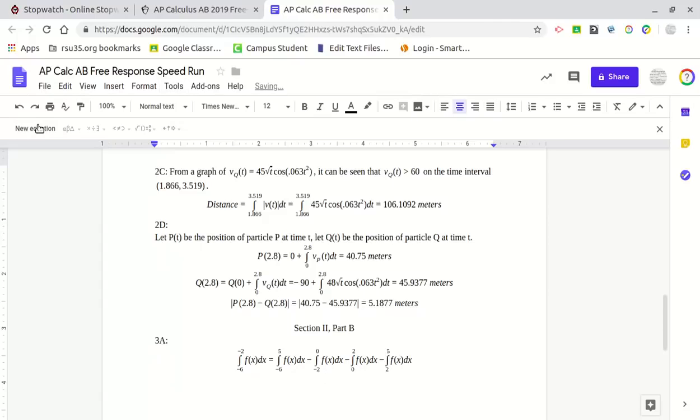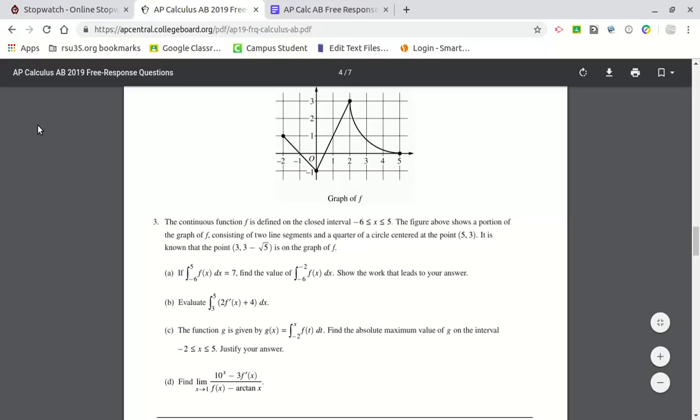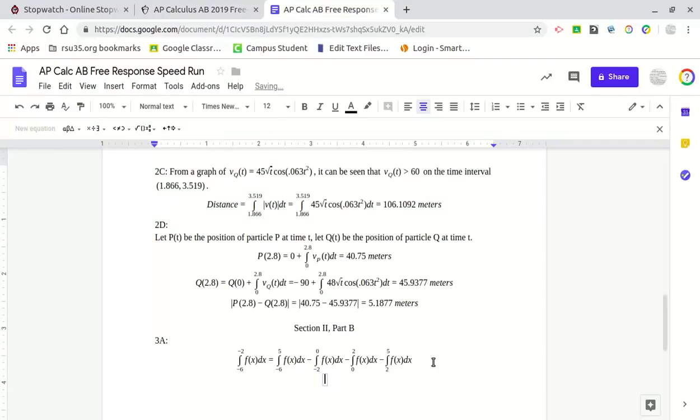Okay, so what is negative 6 to 5? That's 7. This, I don't know how I'm supposed to justify this, but you kind of see like this triangle is 1/2 and this triangle is negative 1/2. So the integral of that is 0. I'm going to try to justify that somehow.